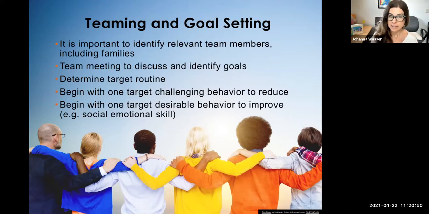So for instance, you might have a child that you're working with that may have tendencies to hit or to bite or to kick or to shake friends, right? We might define that as aggressive behavior, right?